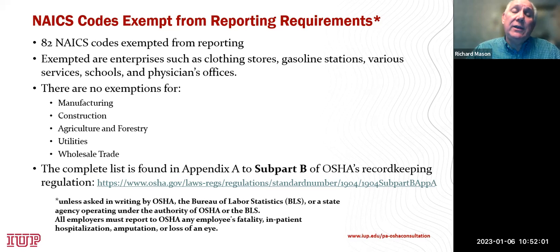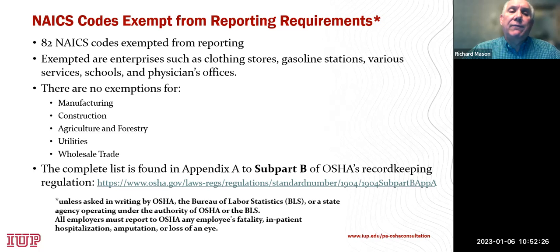If you don't know your NAICS code or are unsure about your NAICS code, there's a link at the end of this presentation to the NAICS code handbook. It walks you down by category. It's pretty easy to hone in on your particular industry, and it gives examples of industries that fall under that code.